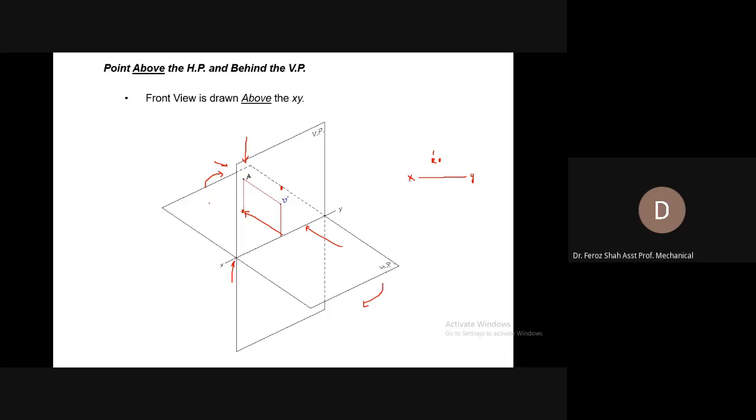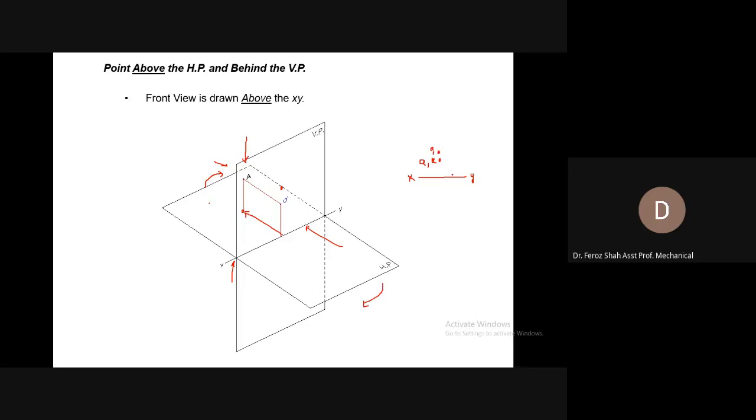So there is a chance that the top view could overlap with the front view. In that case, you will write A comma A dash if both of the views overlap. But if the point is not equidistant, for example, if it is 10 millimeter above the horizontal plane and 15 millimeter behind the vertical plane, its top view would come above the front view, somewhere here.